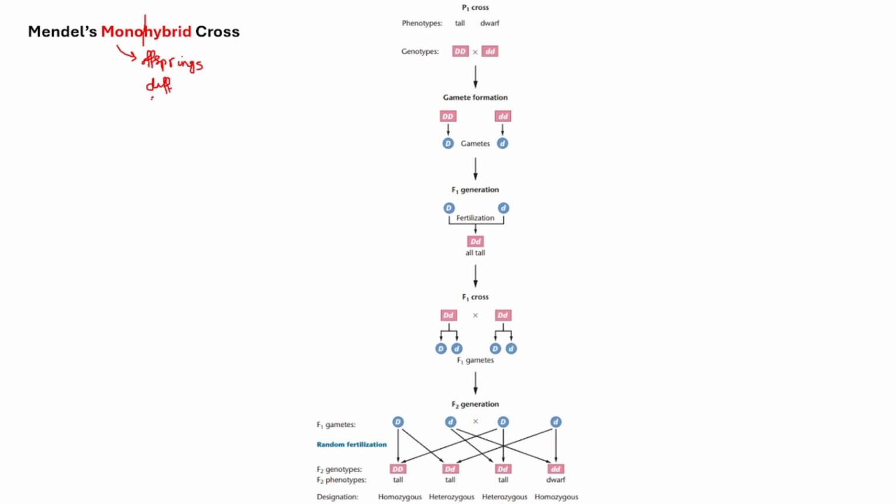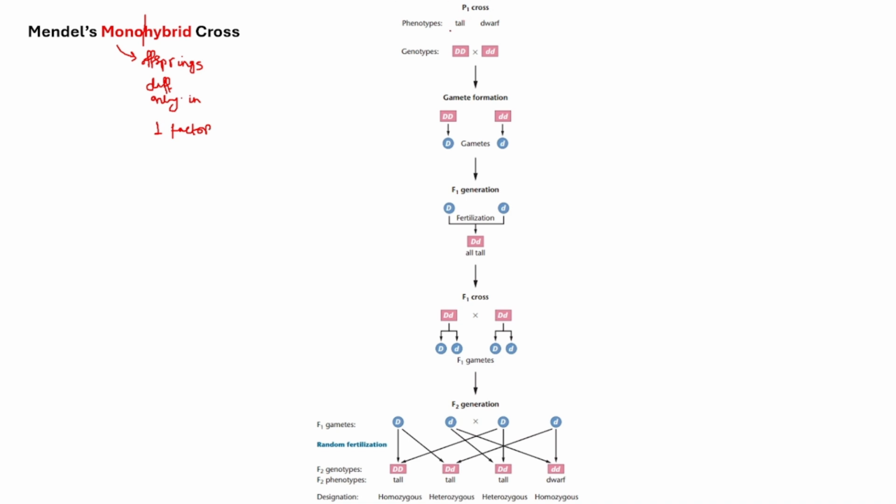If there is a difference in two factors or genes between the offsprings, then we call such a cross a dihybrid cross. Here we are going to talk about a cross which will yield offsprings having difference in only one factor or one gene. Those kinds of cross are called a monohybrid cross.